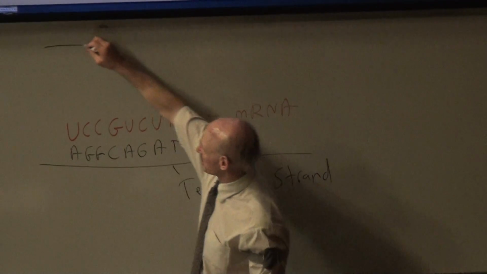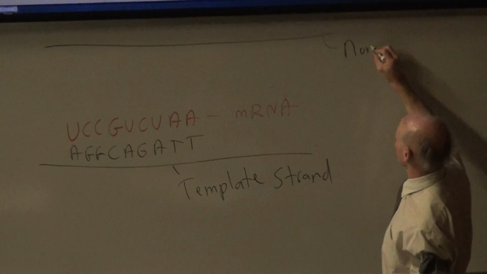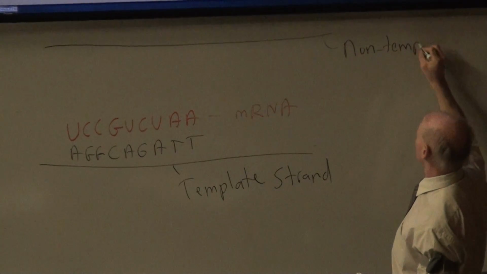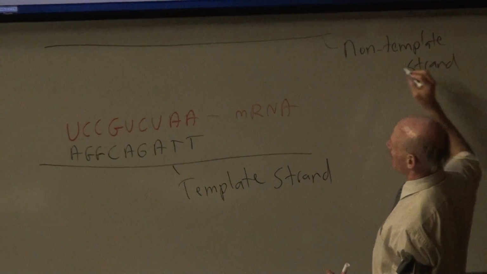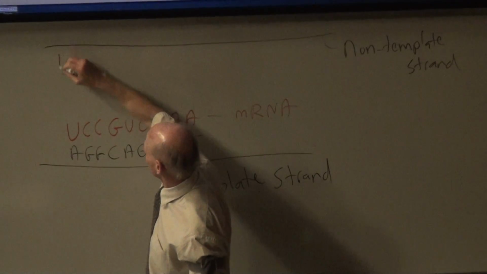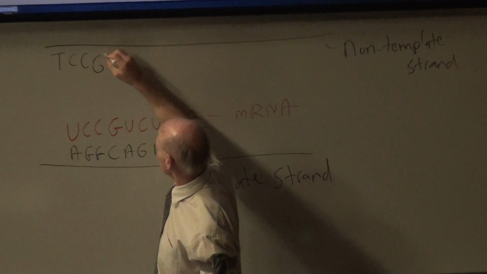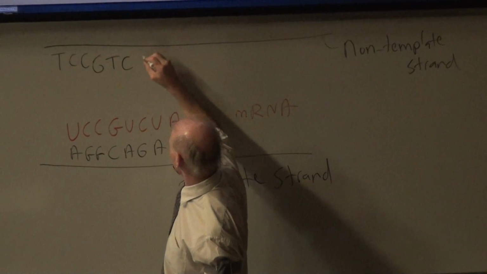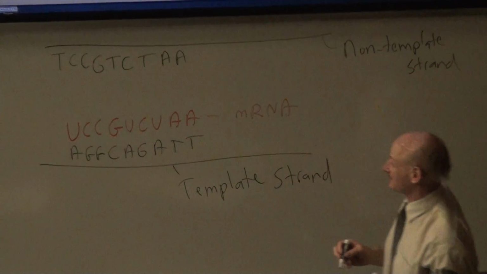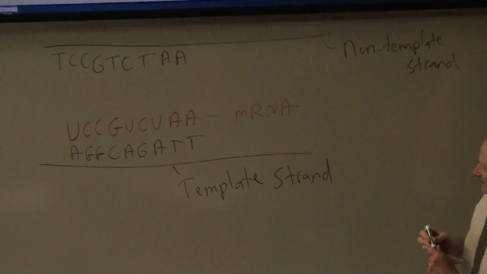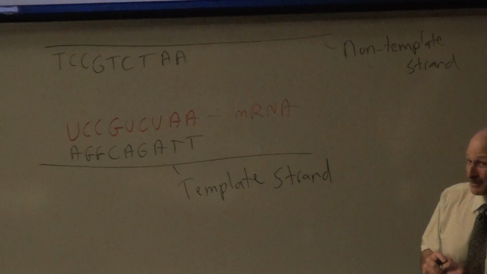And the non-template strand, remember, is the one that looks like the messenger RNA. The non-template strand would be T, C, C, G, T, C, T, A, A. Sound okay?